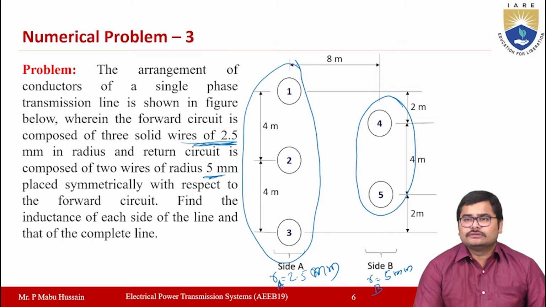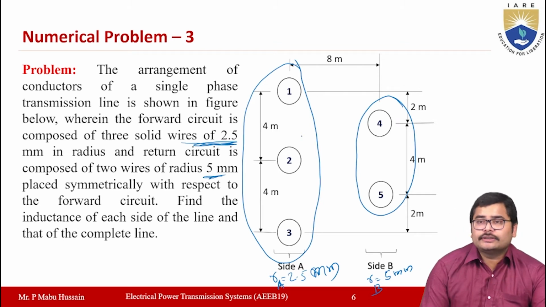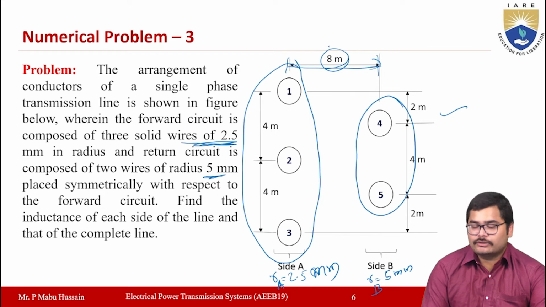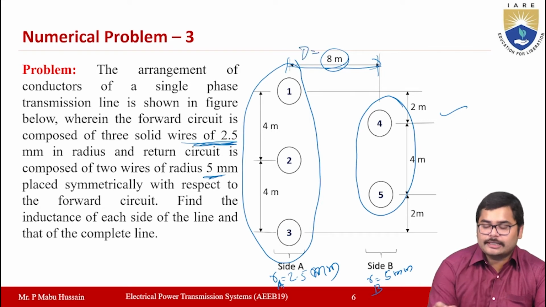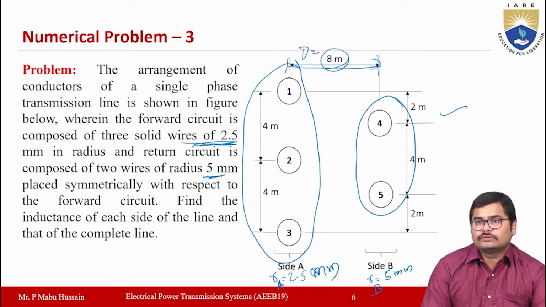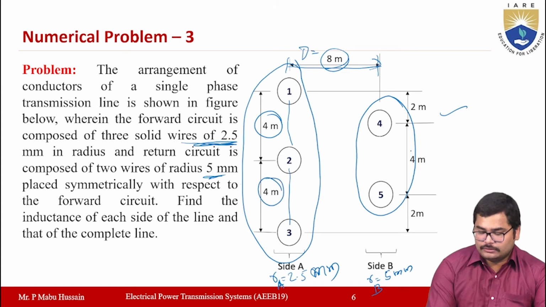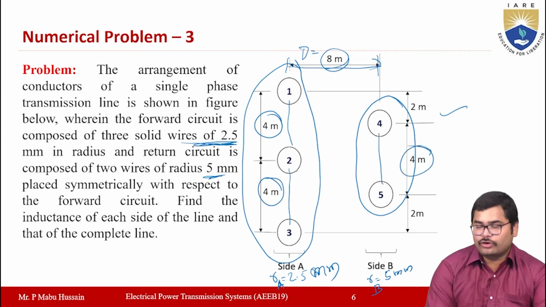Also, in the figure, the distance between these two lines is given as 8 meters, which is the capital D. Then the distance between subconductors 1 and 2 is 4 meters, 2 and 3 is 4 meters, and 4 and 5 is 4 meters.